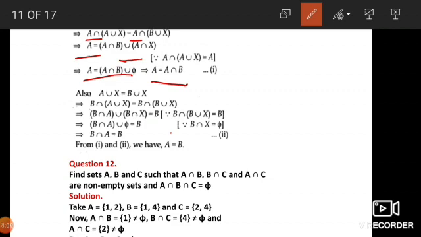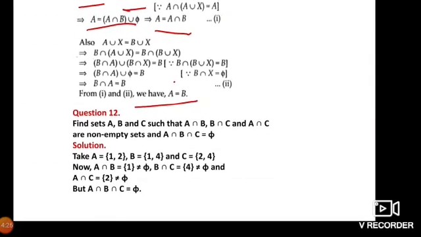That is B intersection A union empty set equals B. So, B intersection A equals B. So, from 1 and 2 you can see that A intersection B is equal to A and A intersection B is equal to B. So we have A equal to B.